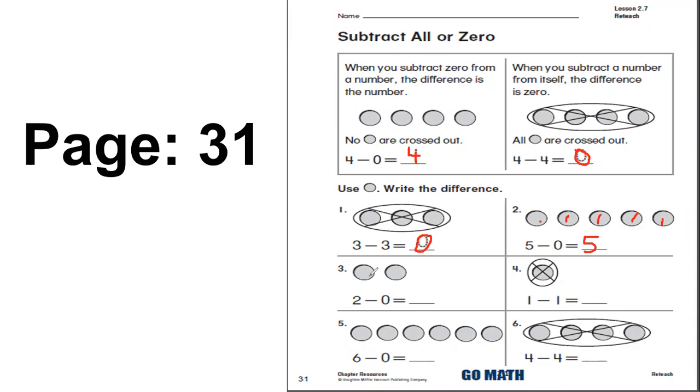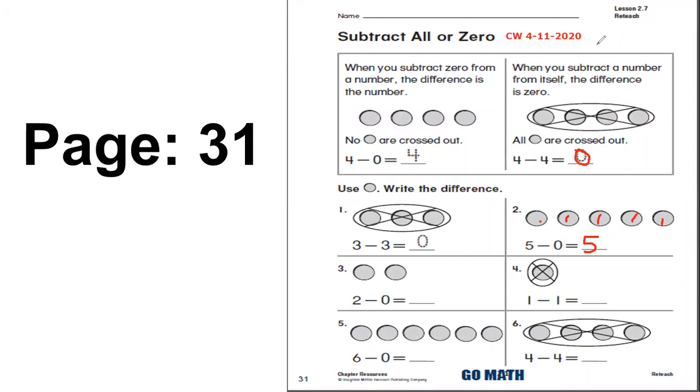Now we have question number 3. 2 minus 0. Again, whenever you subtract 0 from any number, the number remains the same. And also look at the circles here. They are not crossed out. So what will be the answer? What is the difference here? 2 minus 0.